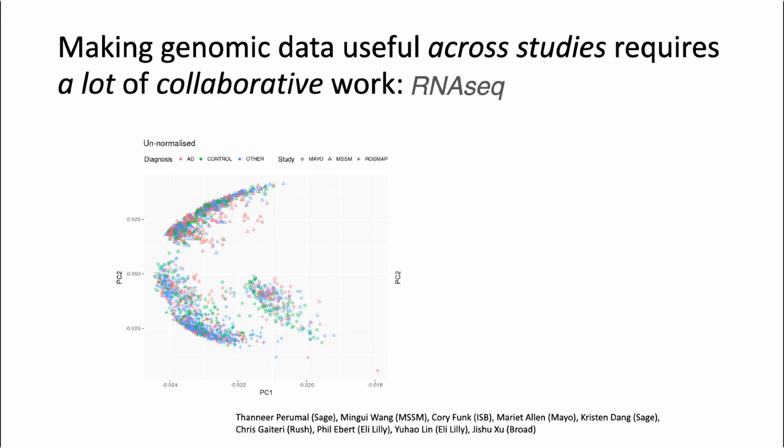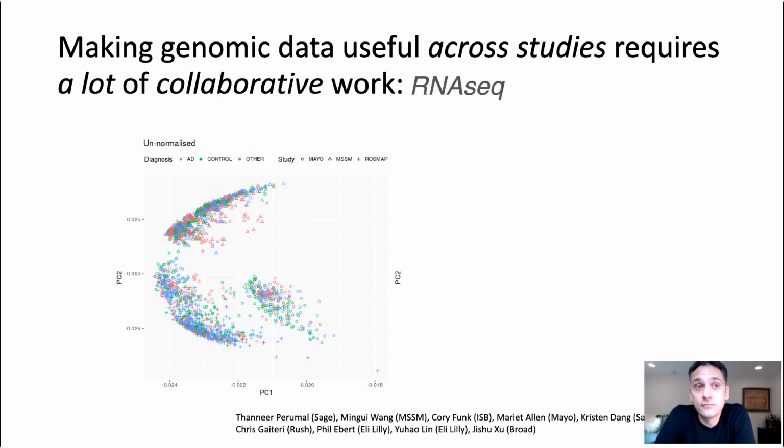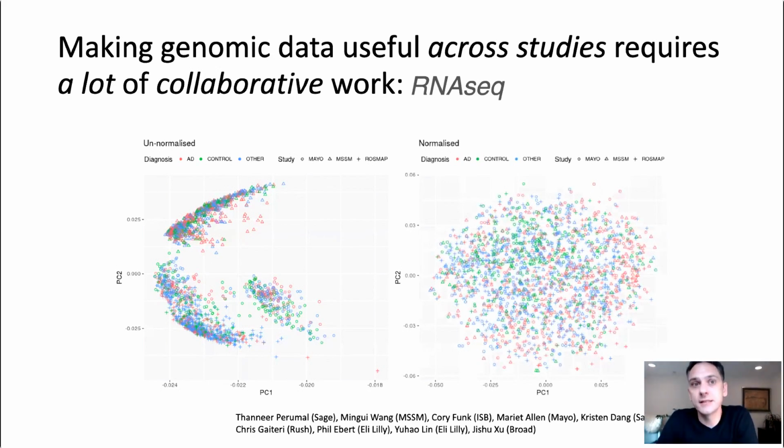The problem was that this data was very heterogeneous. It was difficult to use because each of the groups had collected using different technologies and different analytical approaches, so it wasn't directly comparable. And so a large effort was made to homogenize this by having several of the groups work together to create a canonical data set that can then be used in downstream analysis for insights.